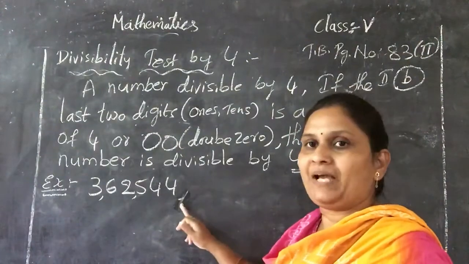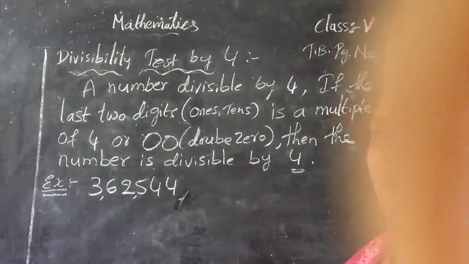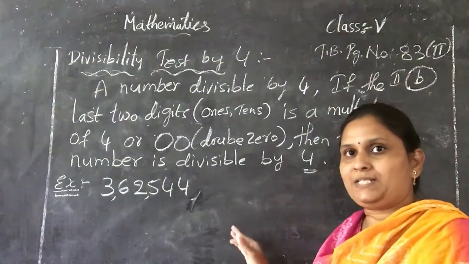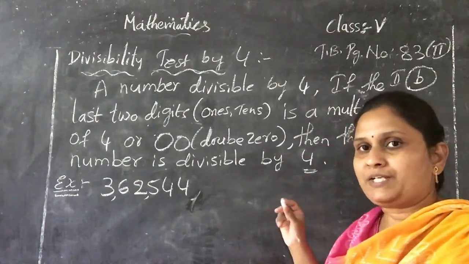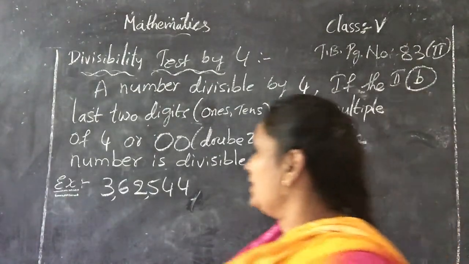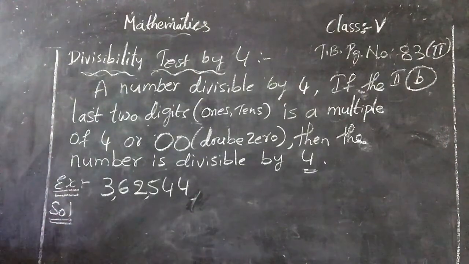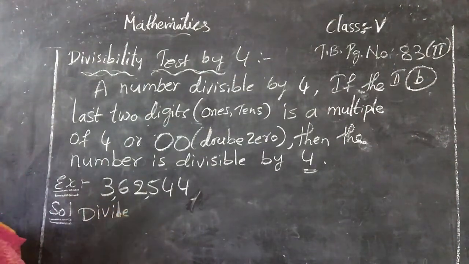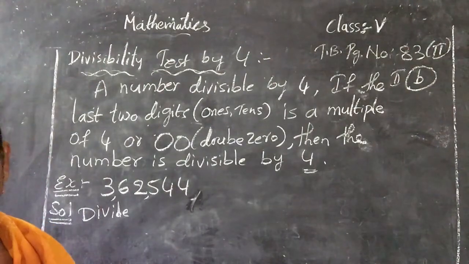So this number we have to check whether it is divisible by 4 or not. I took the example from section 2B, the first one. Okay, now write the solution. Check.